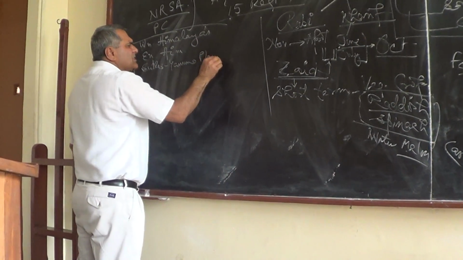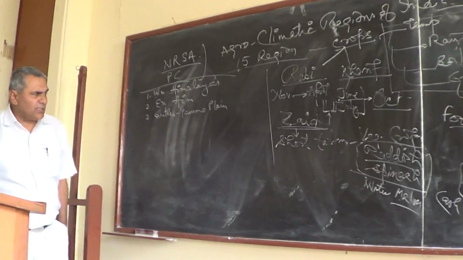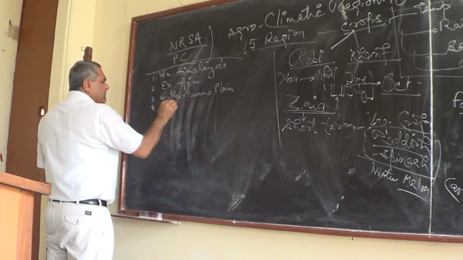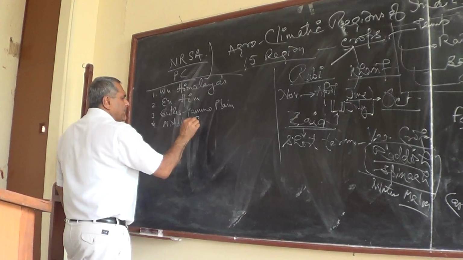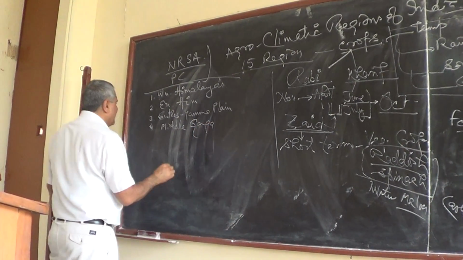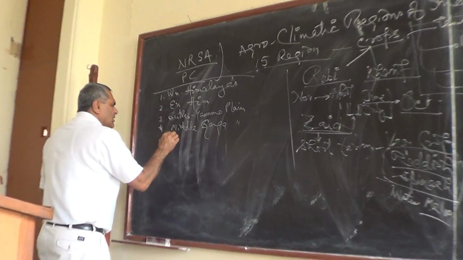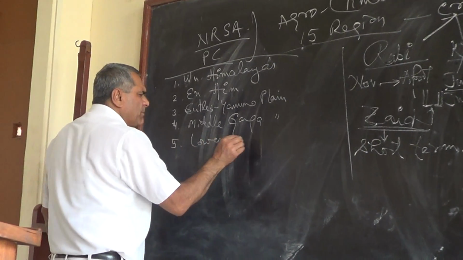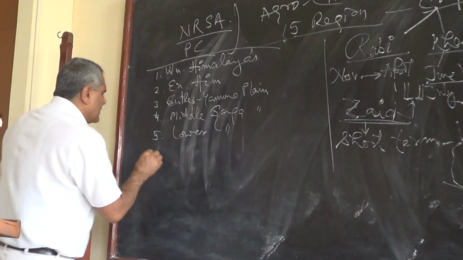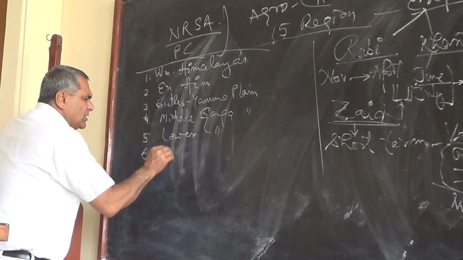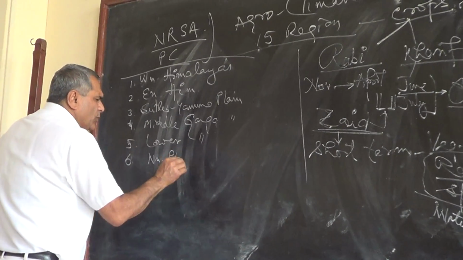This is the region which registered the green revolution in the country. Then Middle Ganga plain. Fifth is Lower Ganga plain. Sixth is Northern Plateau.